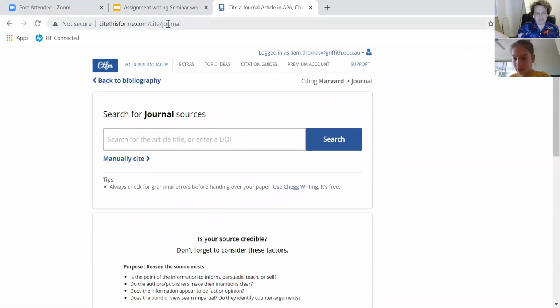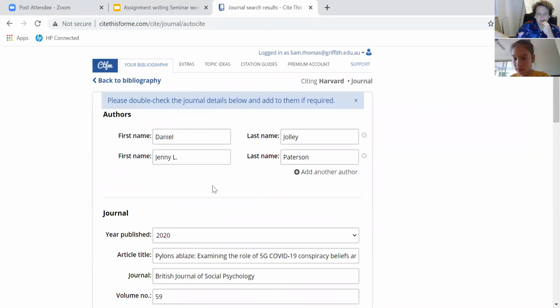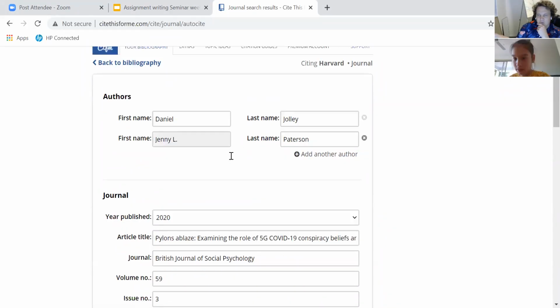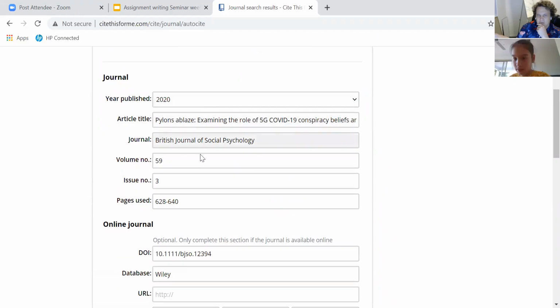So you don't have to do any of the legwork. You don't even really need to think. You just type in, put the website in, and here is all of the information already done for you. You just have to go through and check.